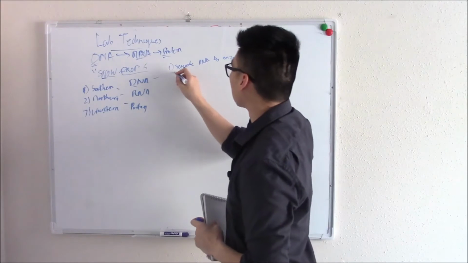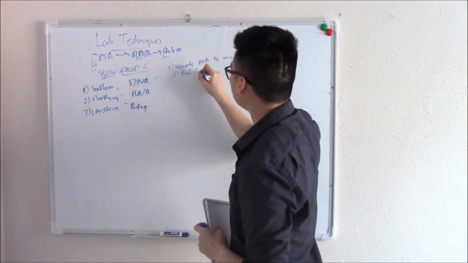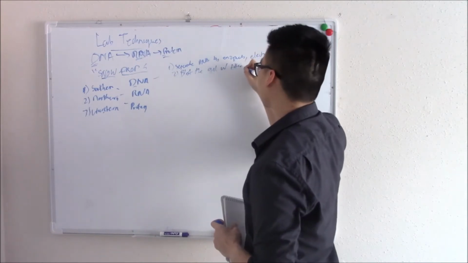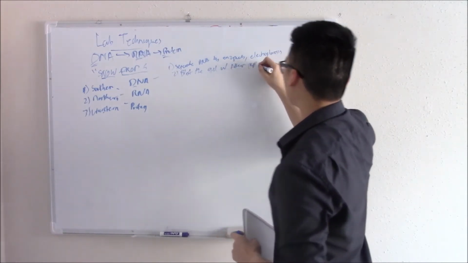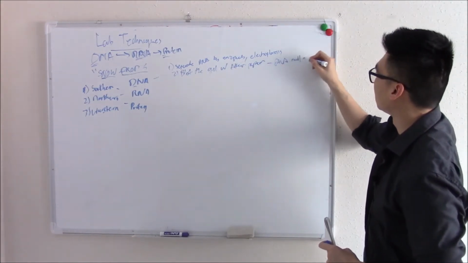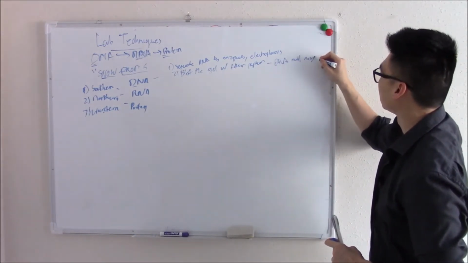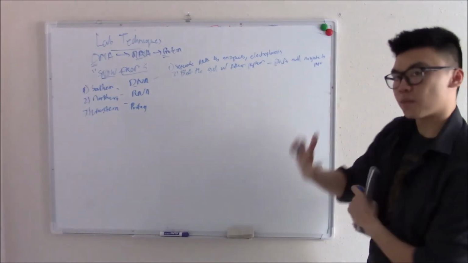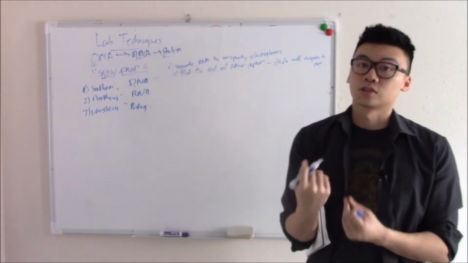So we'll just say, second step, you just blot the gel with filter paper. It's a little bit more complex than that, but that's essentially what you do. And the DNA will migrate to the paper. The paper just gives it a little bit more sturdiness.